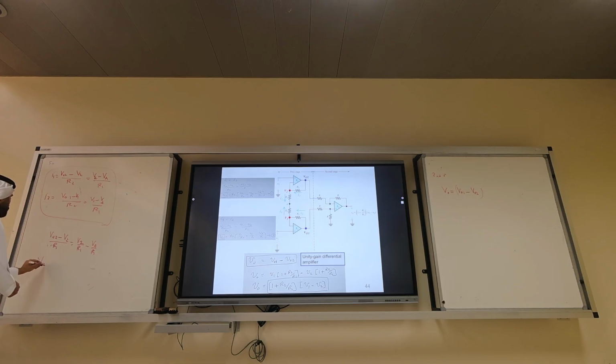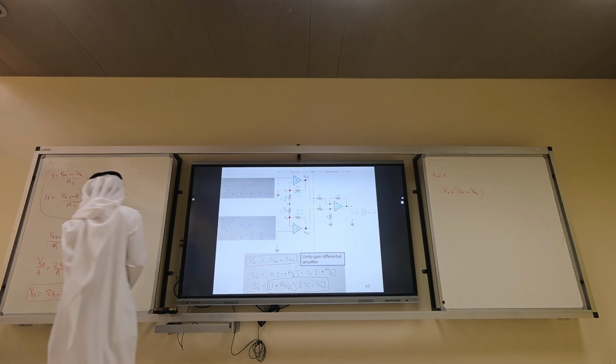So VO2 over R1 equals 2V2 over R1 minus VA over R1. R1 here we will multiply, so VO2 equals 2V2 minus VA.